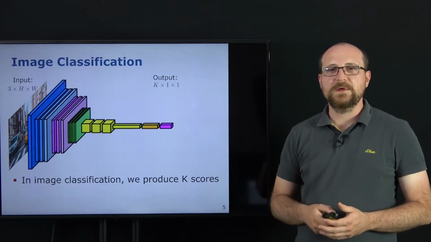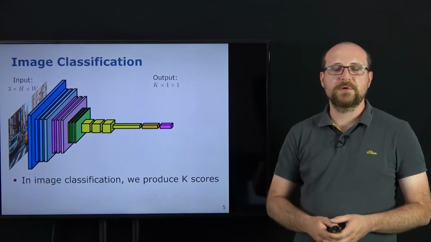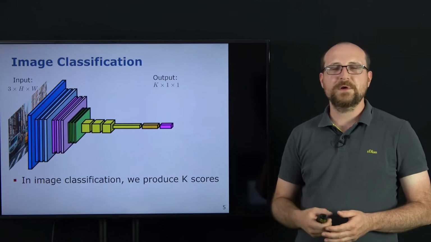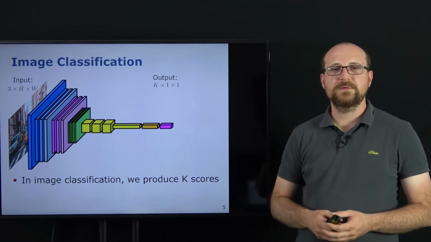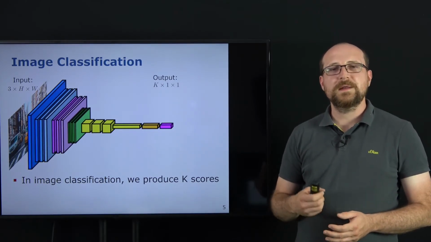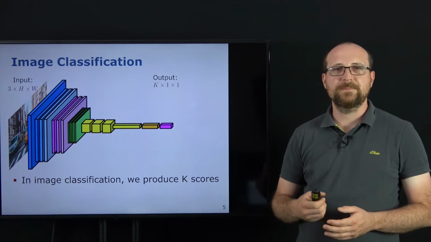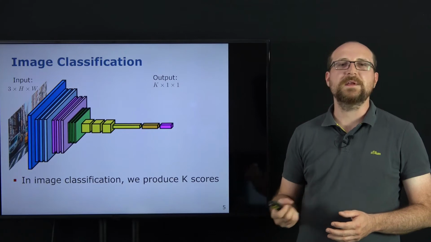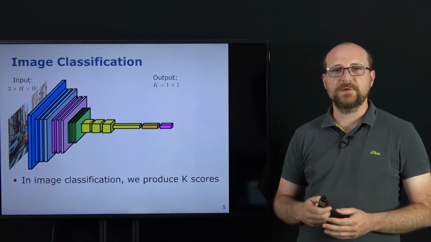Coming back to image classification, the usual approach was to use a convolutional network with pooling operations or strided convolutions in between to reduce the resolution. In the end we want to have a classification vector of size k, where k is the number of classes. These are our class scores.